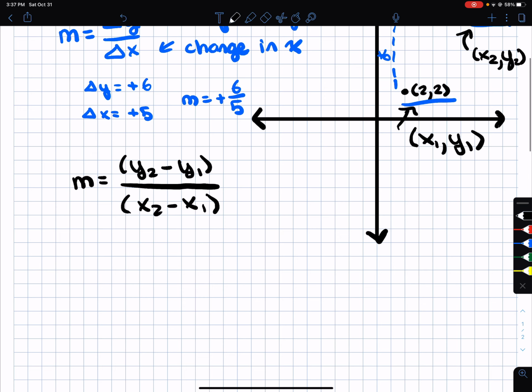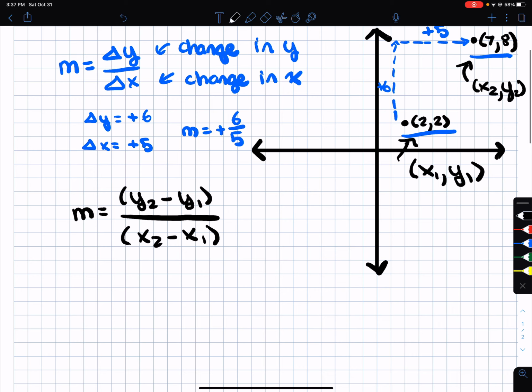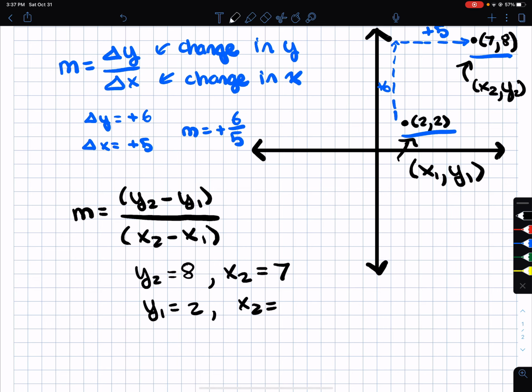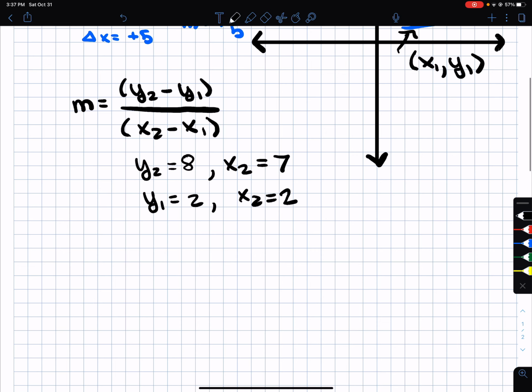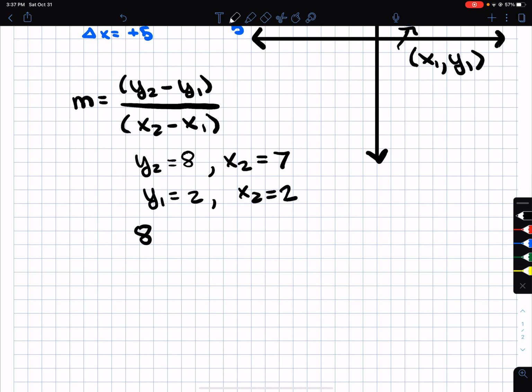Notice here that y2 is 8, x2 is 7, y1 is 2, and x1 is 2. Plugging all those numbers in, we have 8 minus 2 over 7 minus 2, which is equal to 6 over 5 equals m, which is our slope.